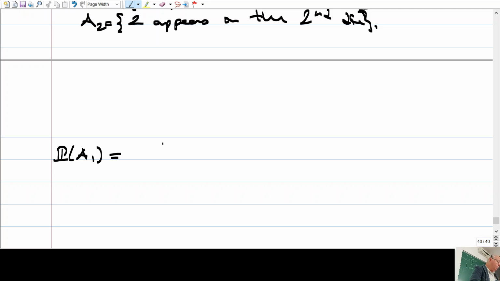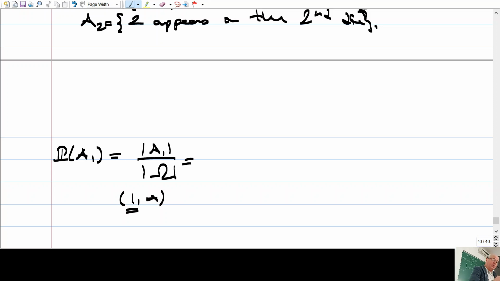This is the number of elements in A1 divided by omega. The number of elements in A1 is the number of pairs (1, something).